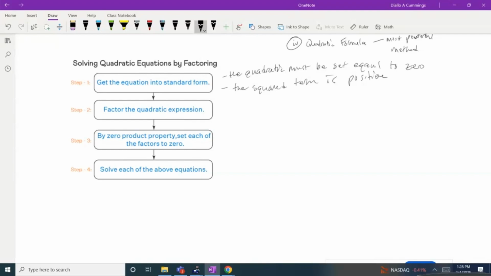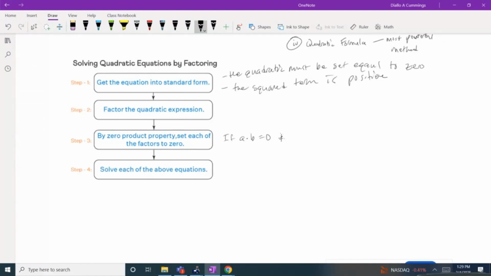If it fits that first condition, the next thing you're going to do is factor. So remember that factor and the FOIL method are reverse processes. So we'll review that some. The next step is you use the zero factor property. So the zero factor property says if A times B equals 0, I can take each factor and set each factor equal to 0.